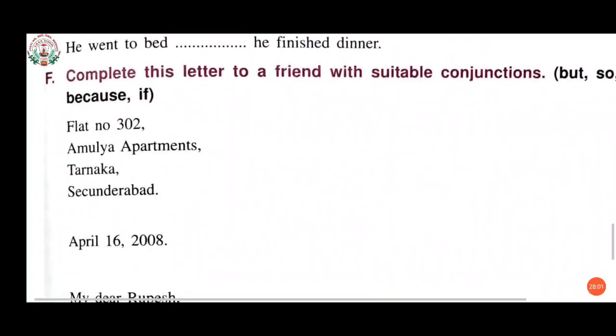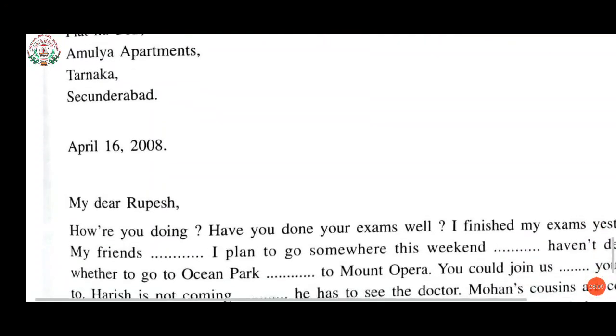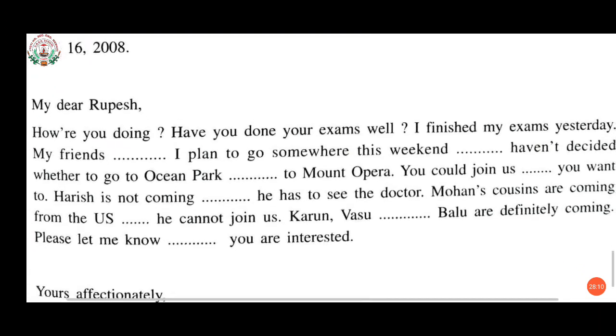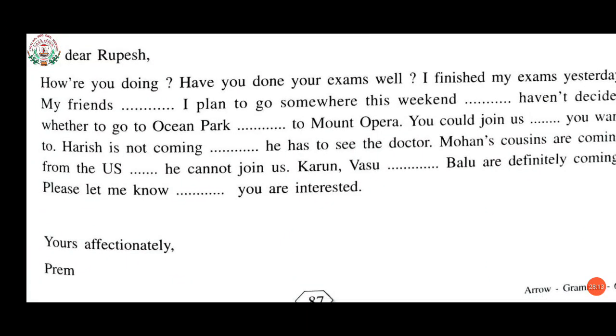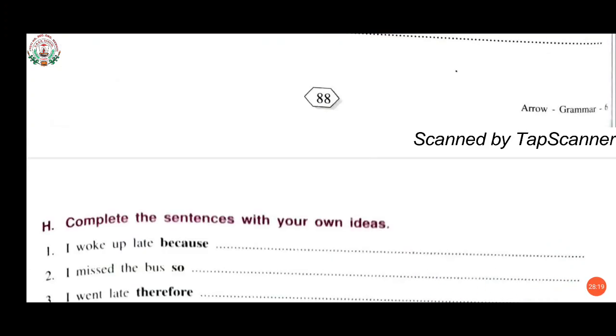And F1, complete this letter to a friend with suitable conjunctions. Now here students, you can do it on your own as the conjunctions are given, and you know how to write a letter and where to use the conjunctions. Now, as I previously said, the passage you have to do on your own, make a habit.